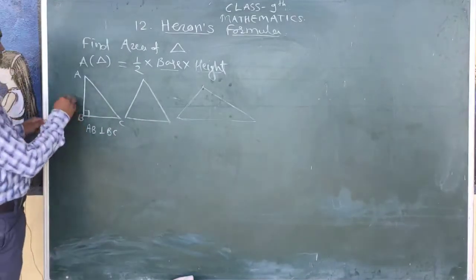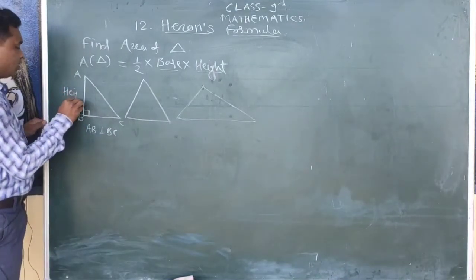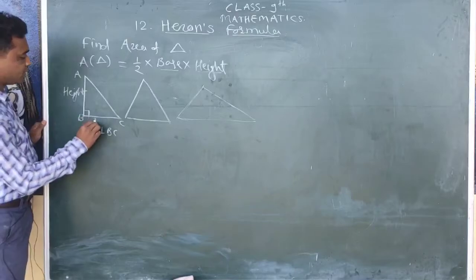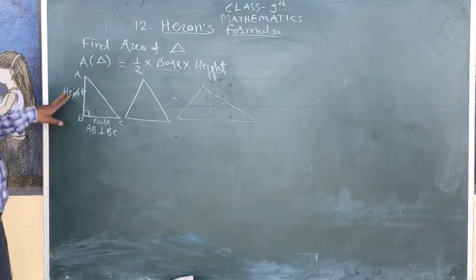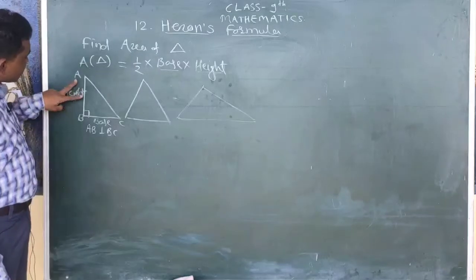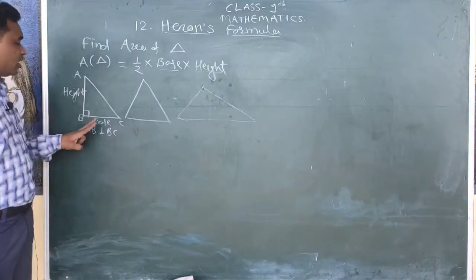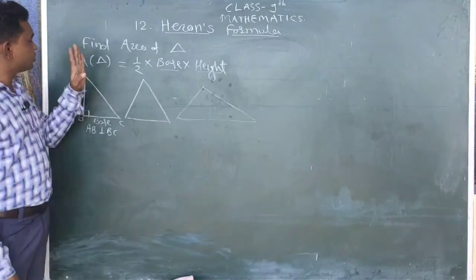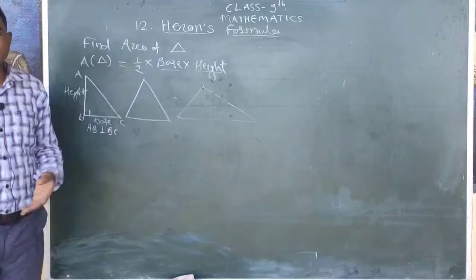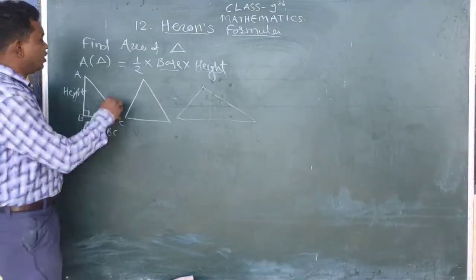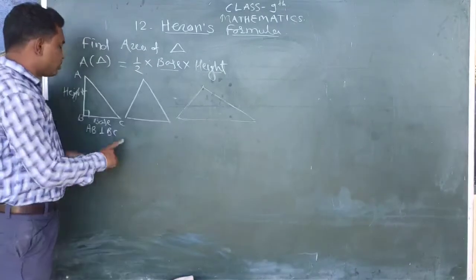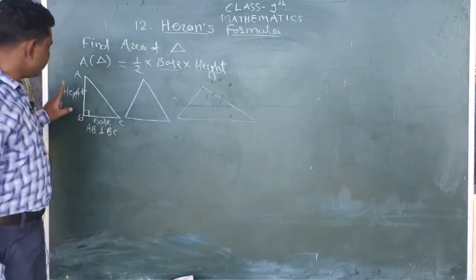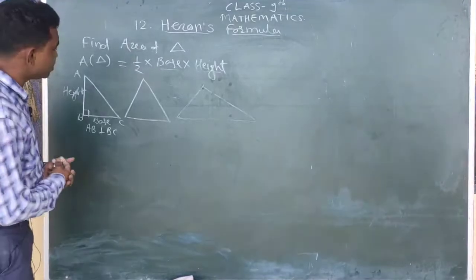That means AB is the height and BC is the base. Using this height and base, we find the area of triangle ABC: half, as the formula constant, into base BC into height AB.